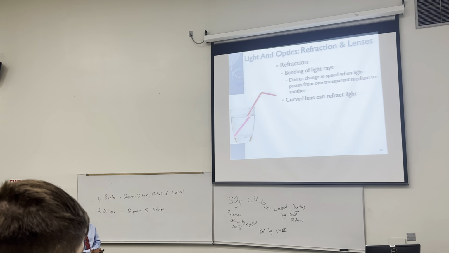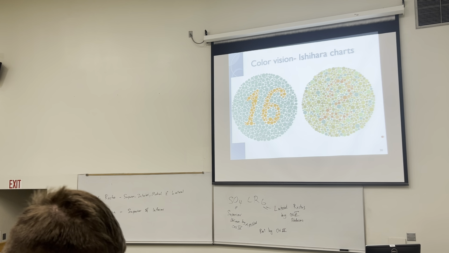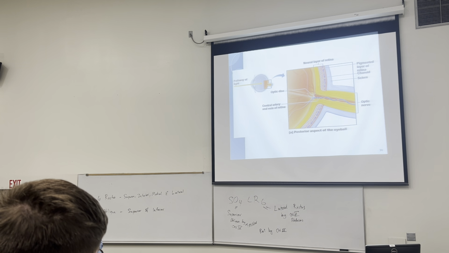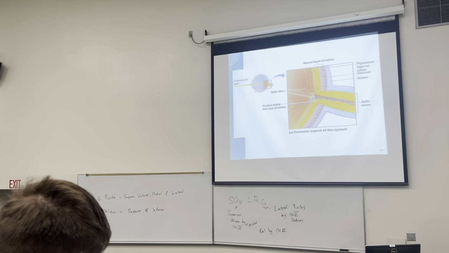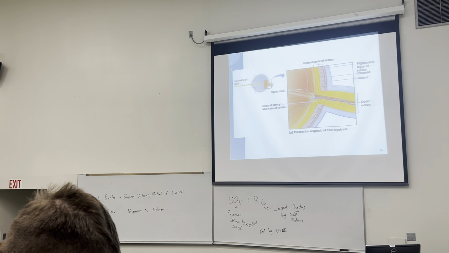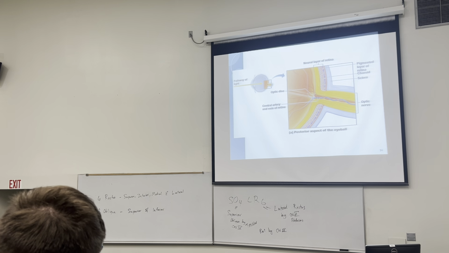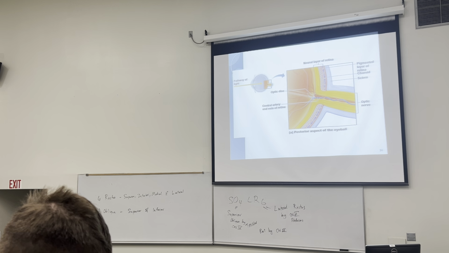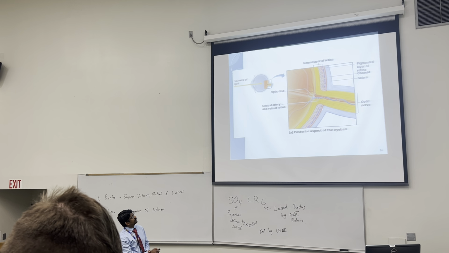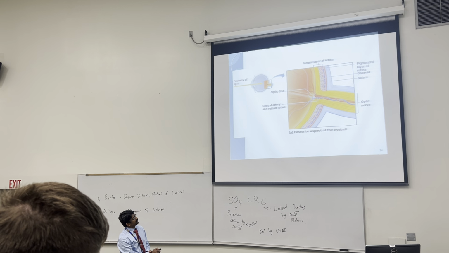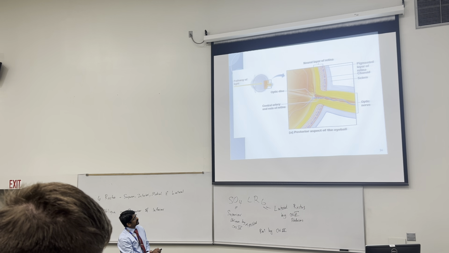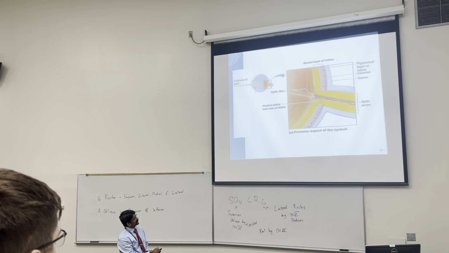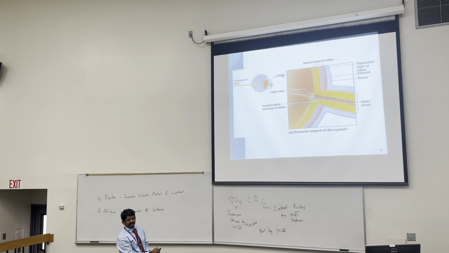I didn't emphasize, but if you look at the cells, what were the three cells in our retina? Neural layer: photoreceptors, bipolar cells, ganglion cells. Here, the blue and yellow cells are the photoreceptors. The red is the bipolar cells, and the greenish gray is the ganglion cell.